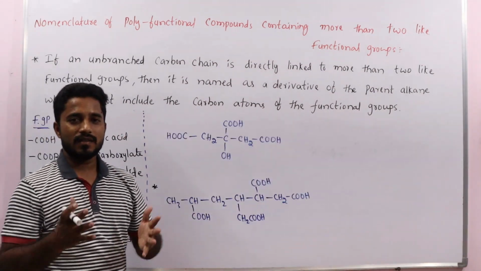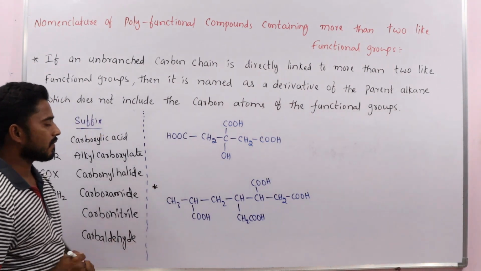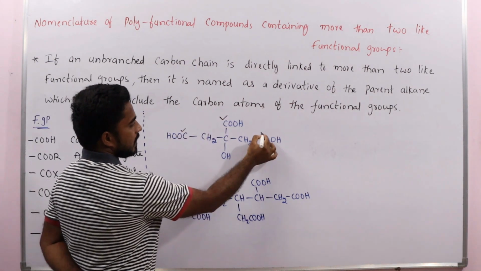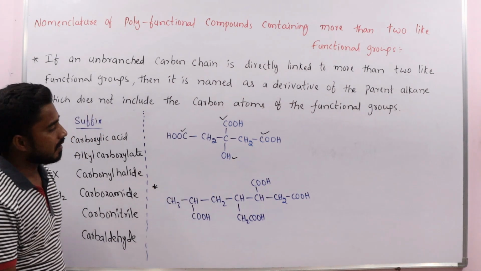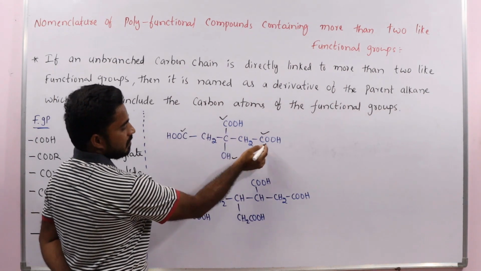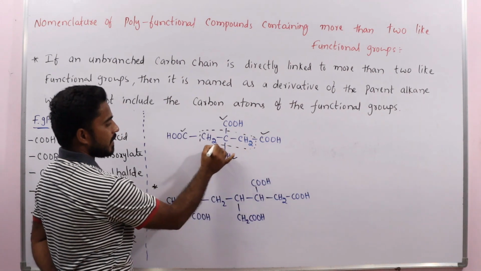Okay, let us see some more examples. In this example, here one COOH, here one COOH, here one COOH, and here an OH is there. So not including these COOH groups in the parent chain, this is the parent chain.